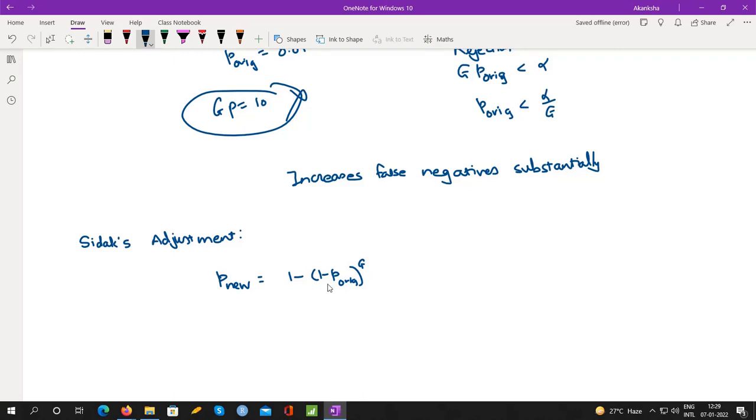What will happen to this value as g goes to infinity? Any idea? It will be 1. As g goes to infinity, it would still be 1. And is this quantity always between 0 and 1? Yes, ma'am.